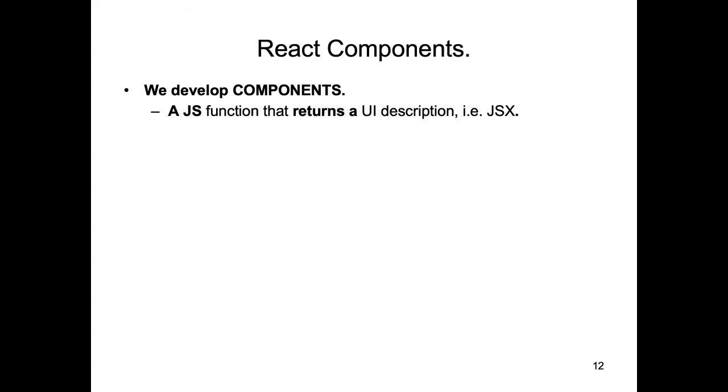It's a function, and it can have any kind of logic you want, but critically, the function returns the UI description associated with that component. In other words, it returns a JSX snippet as part of its contribution to an overall application's user interface. So that's what a component is. It's a JavaScript function that returns JSX.